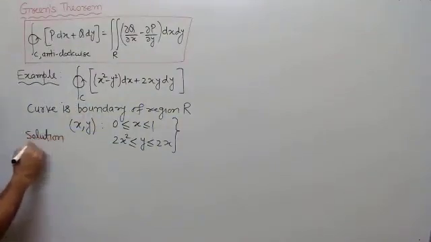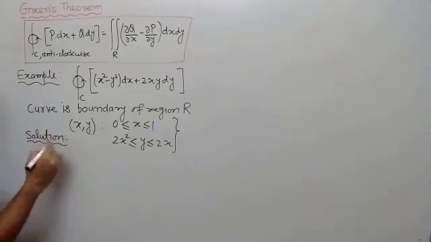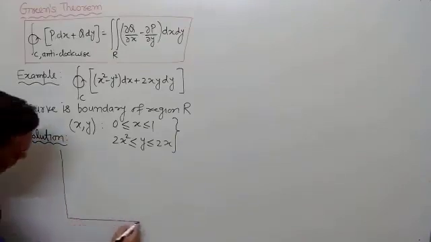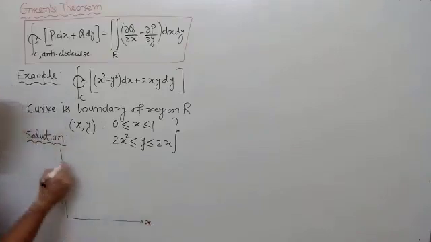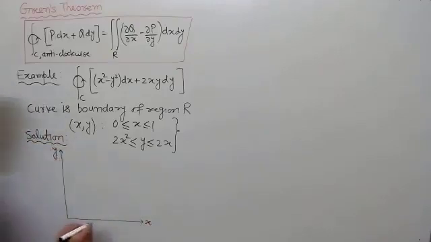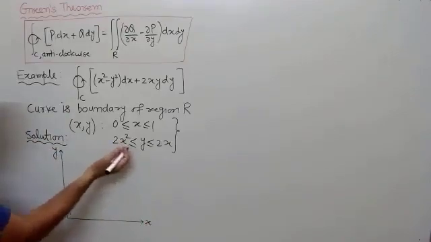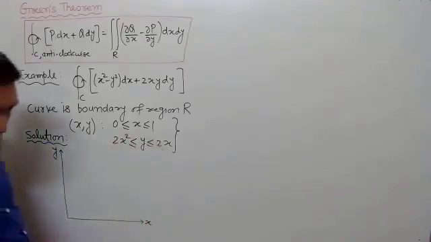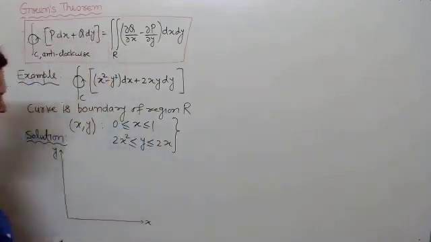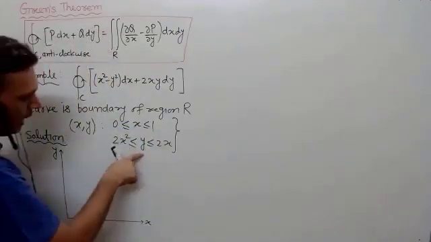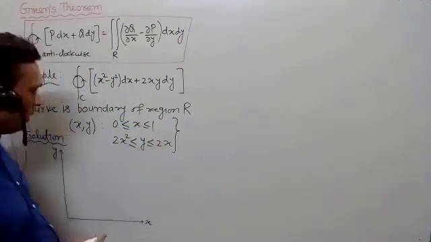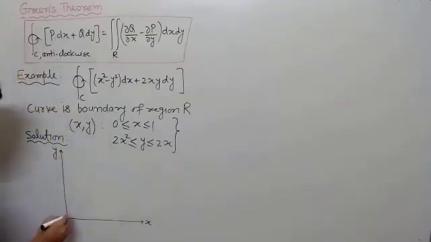So let us evaluate this integral. You have to show the region in x and y. So y is equal to 2x squared to 2x. y equals 2x squared will give you a parabola, and y equals 2x will give you a straight line.